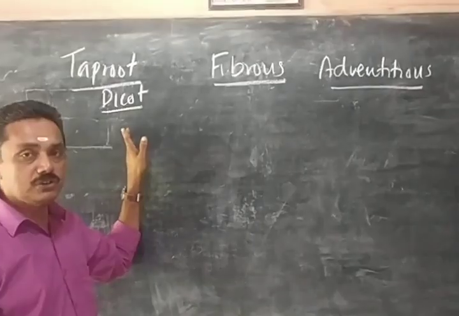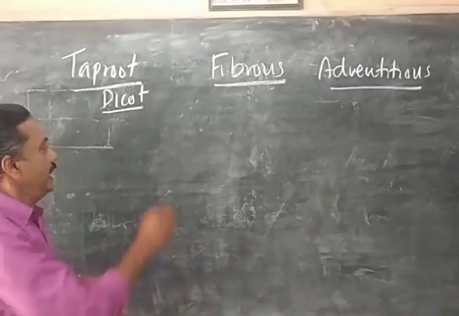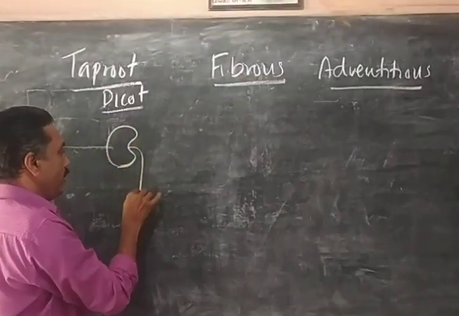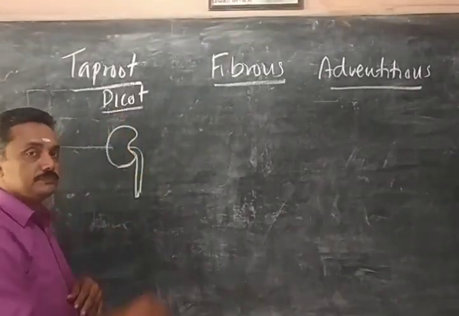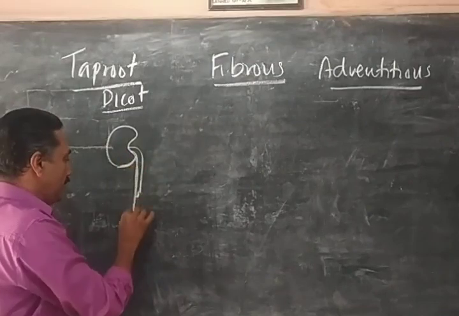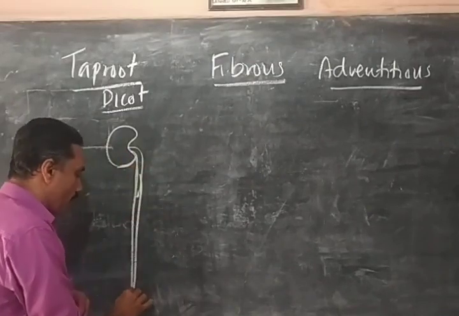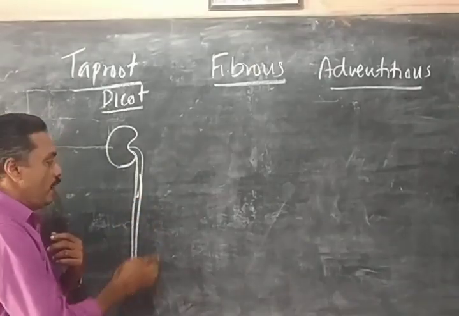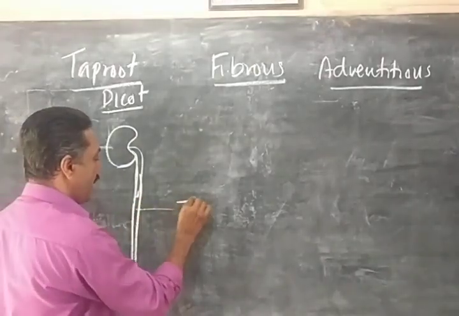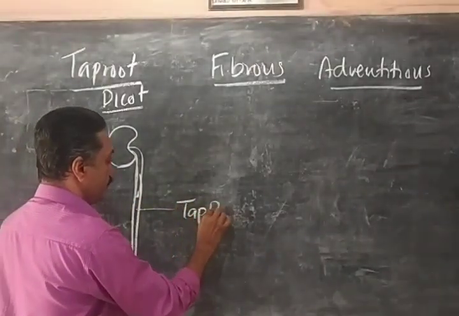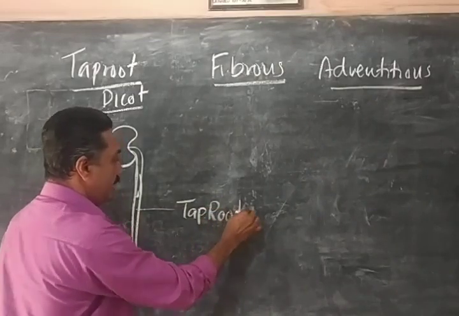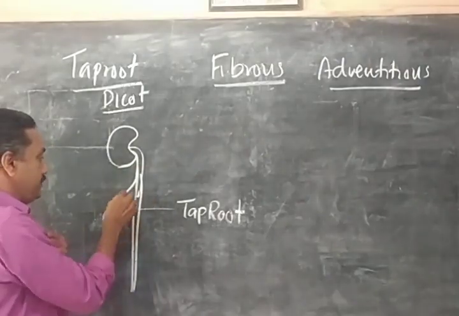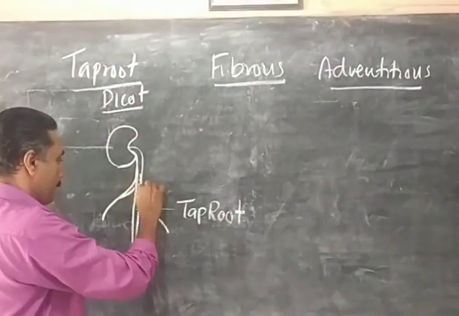In the tap root system, the character is that the seed germinates into a radicle. You know the radicle. The radicle directly develops into a main root called the tap root. It produces branches like this.